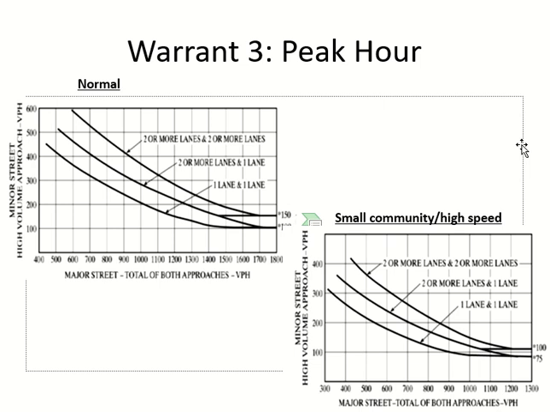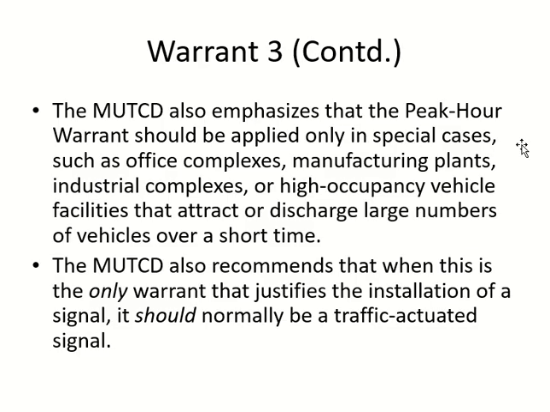So there's only one condition which happens in 1 hour of the day because of which you are putting a signal. So that means that it is better that you put a signal which is actuated. So in the rest of the hours of the day, it will adjust according to traffic conditions. Okay, because in the rest of the hours of the day, signal is not required.